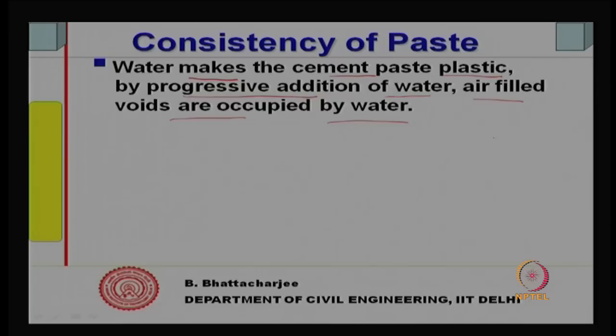So, in the original system, cement particles will have air filled space in between them. It is a particulate system, they will have a given kind of packing, and the void space will be filled by air.